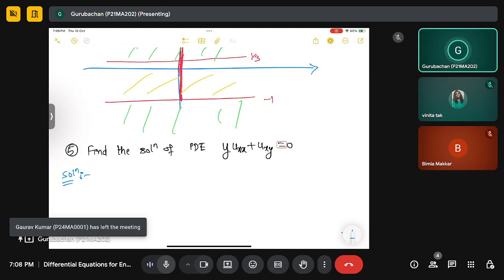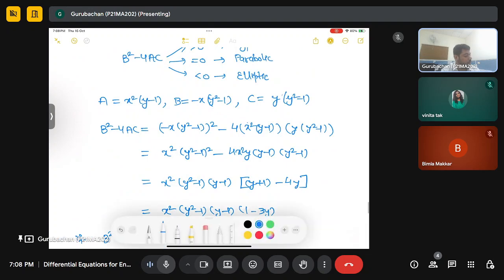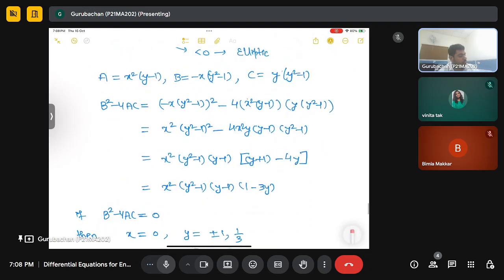So here in this question we need to also take care of this y equal to 1. Why? If you will see here, this can be further written as x square, y minus 1 whole square, y plus 1, 3y.